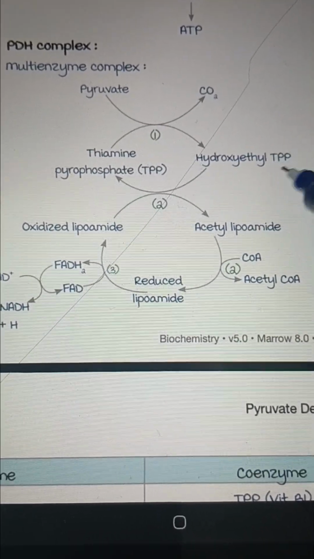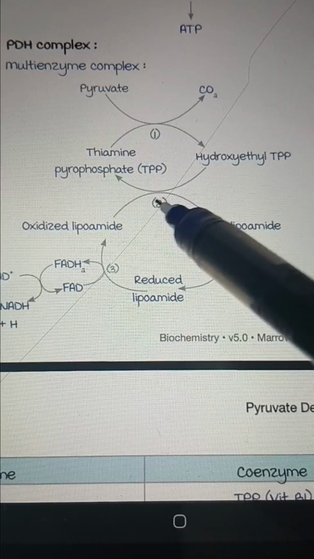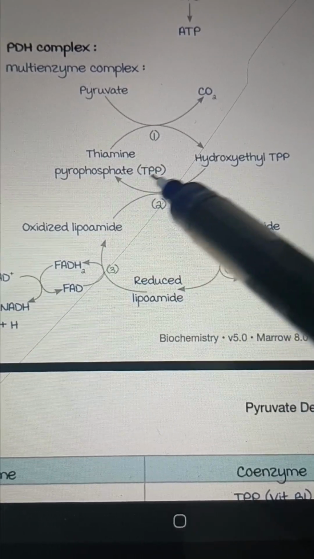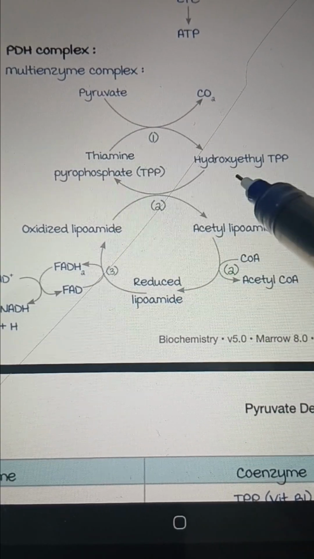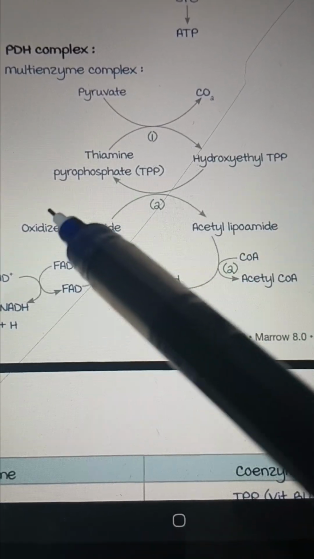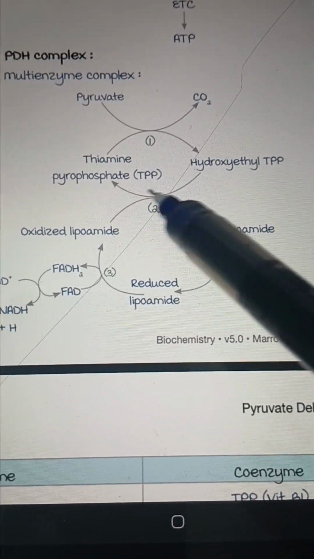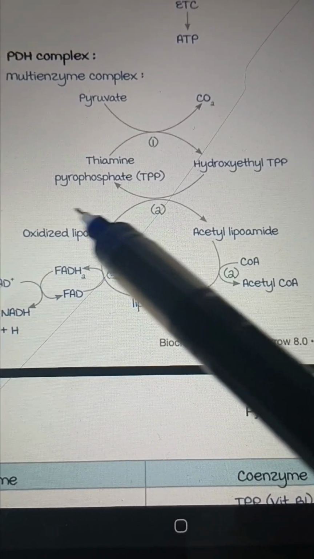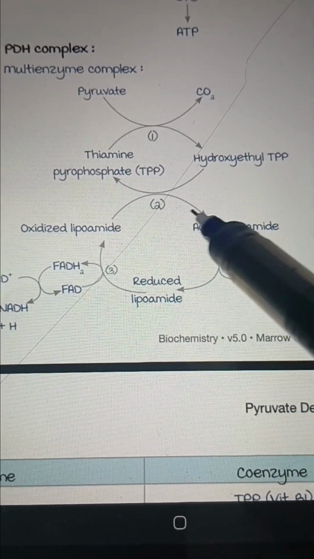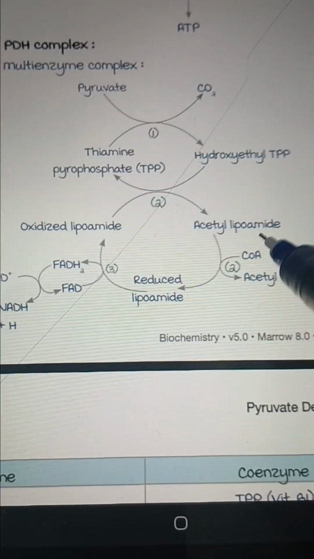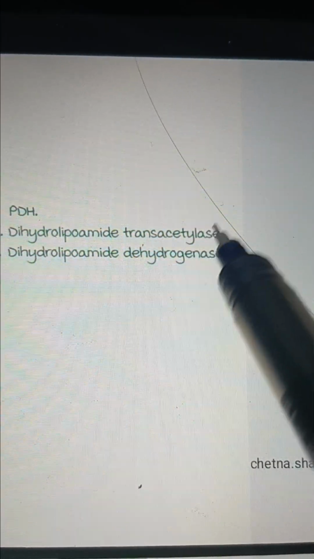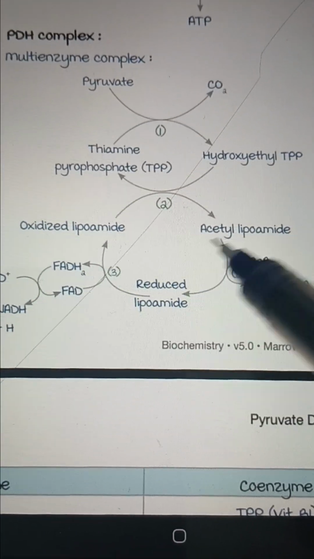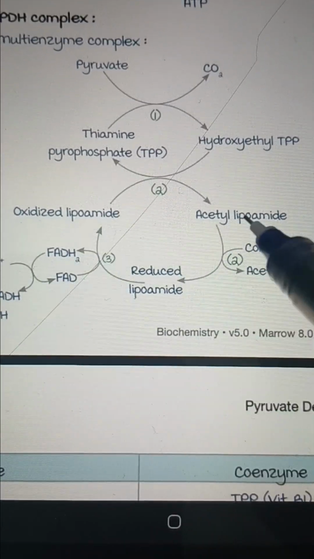The TPP is recycling back and reused again, and this hydroxyethyl group in the presence of E2 with its coenzyme, oxidized lipoamide, is getting converted to acetyl lipoamide. The name of this E2 is dihydrolipoamide transacetylase. We are transferring the acetyl group to the lipoamide, so it is a transacetylase.